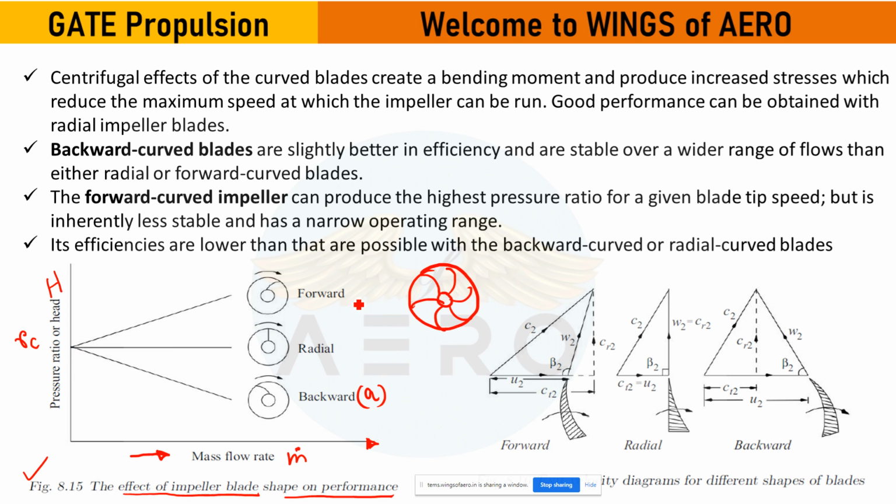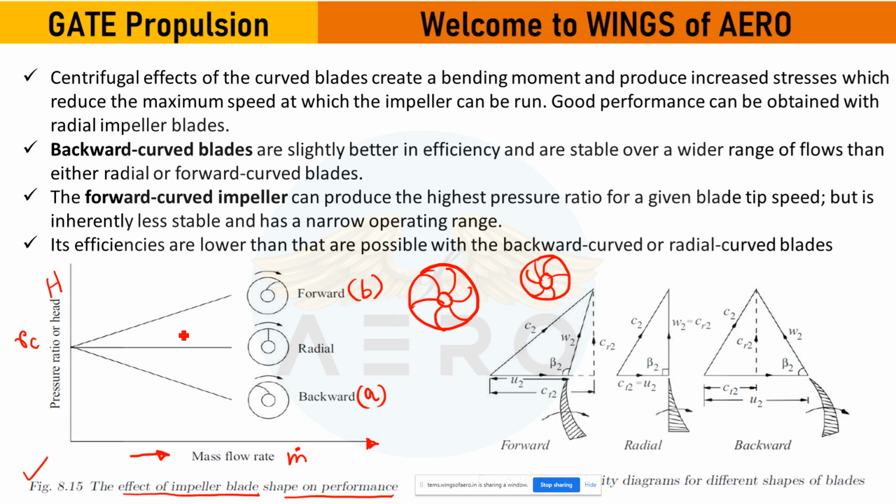Okay, now let's move to the forward one. Let's make it B. How does the forward one look? It will be like this. Now in the forward one, as we increase the mass flow rate, there is an increase of pressure ratio.